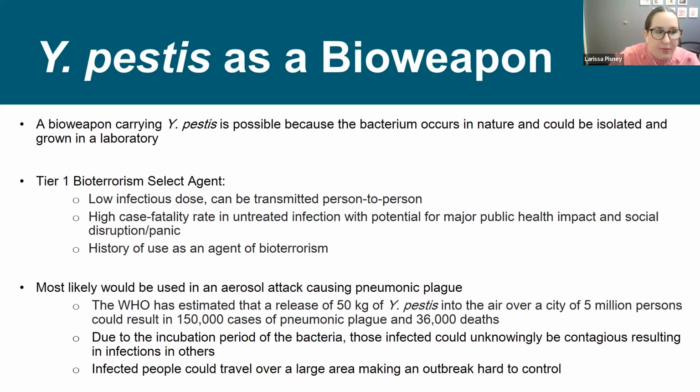Another component that would make it hard to control is that animals in the area could also be infected, resulting in a local epizootic and then subsequently cases of bubonic plague. And so it could be very difficult to control an outbreak in this situation.